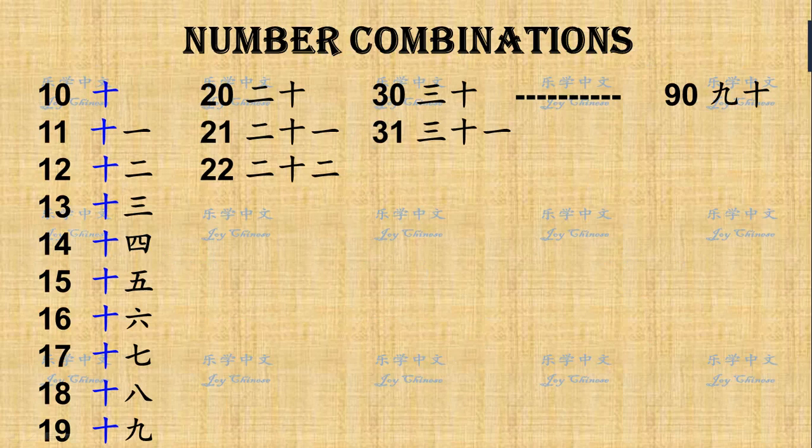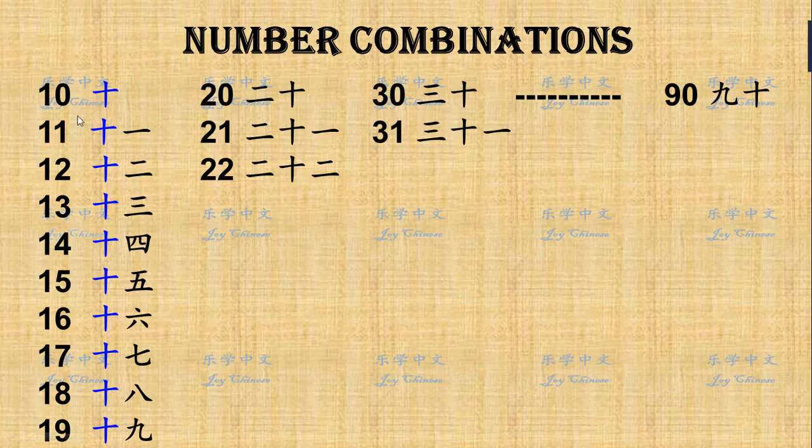Here we combine the numbers to make more digits. We learned 10 is like this, 十, right? We just simply add 1 after 10. It will be 11. So adding a 1 after 10 is 11.